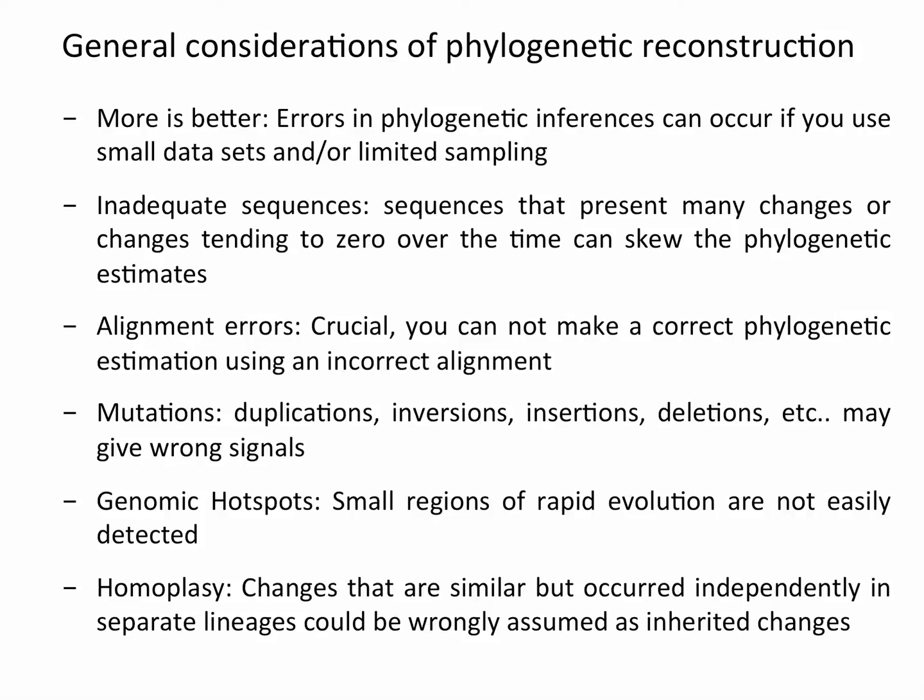We have to take care of the alignment for mistakes. Also, we have to take into account duplications, inversions, deletions, as well as genomic hotspots, which may give wrong signals. And finally, we must pay attention to the homoplasy phenomena, which are already being discussed in this lesson.